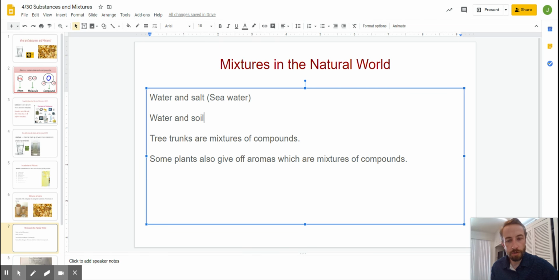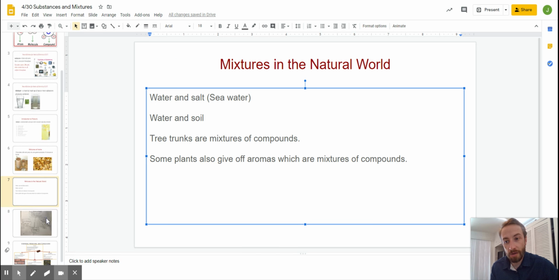When you water a garden bed, that soil absorbs the moisture, and as it evaporates out, it's a physical mixture. So you're left with the soil, the water has evaporated away, or the plant has taken it up in its roots. Tree trunks are mixtures of compounds. Plants that give off aromas like roses and other flowering plants have mixtures of compounds which make them smell good.